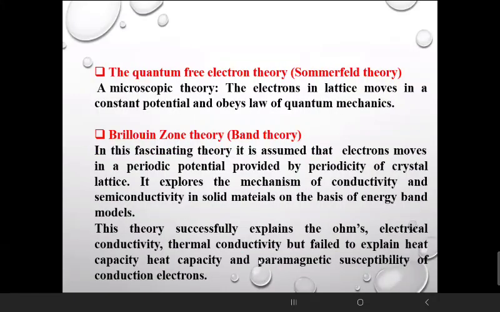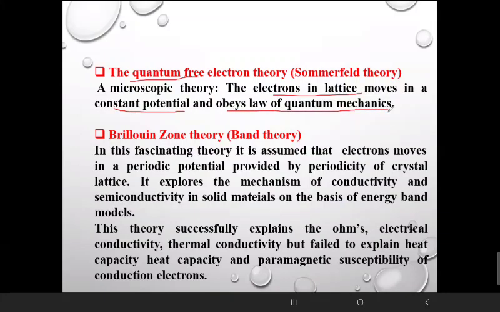The second thing is quantum free electron theory. Quantum free electron theory is a microscopic theory. Classical free electron theory is a macroscopic theory. In this theory, the electrons in the lattice move in a constant potential and obey laws of quantum mechanics.